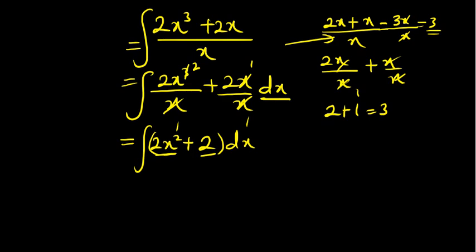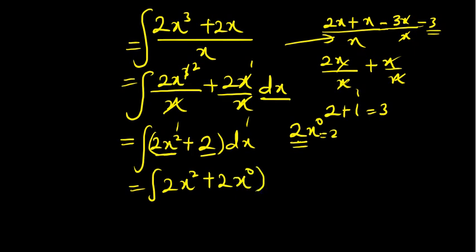You know that this 2 normally is going to have x raised to power 0 beside it, because x raised to power 0 is 1, times 2, so you still have 2 again. This is how you will write 2. So you can now rewrite it to be 2x squared plus 2x raised to power 0. Then you can close the brackets, then dx.